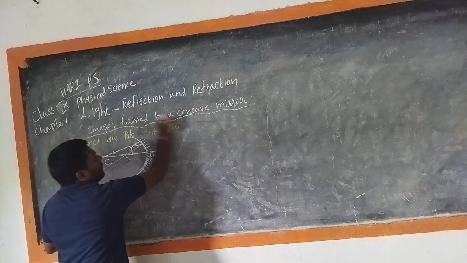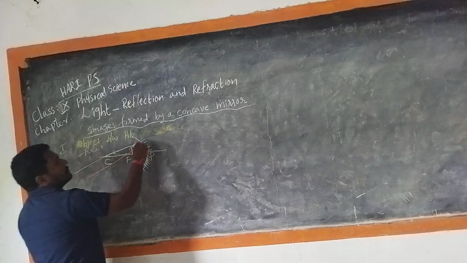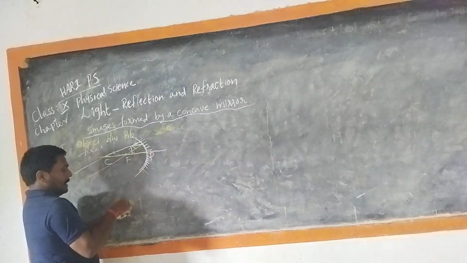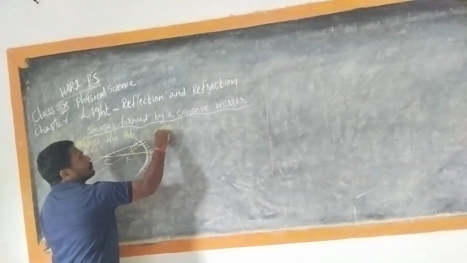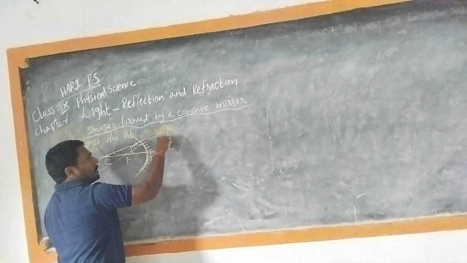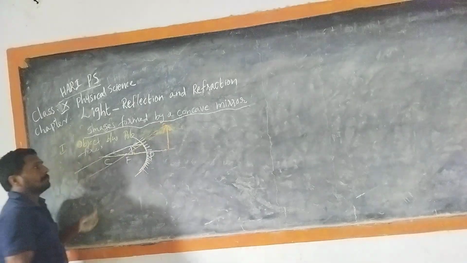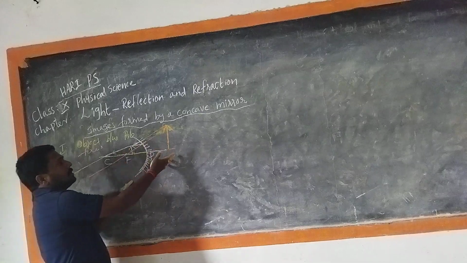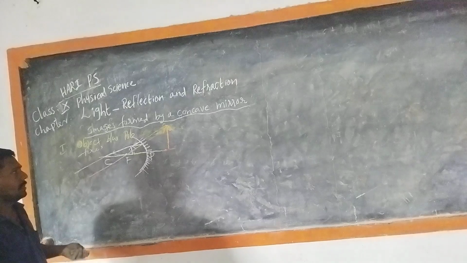So when we extend these rays back, the 2 reflected rays extended back meet at a point. Here the image of the object is formed. So this image is formed behind the mirror.